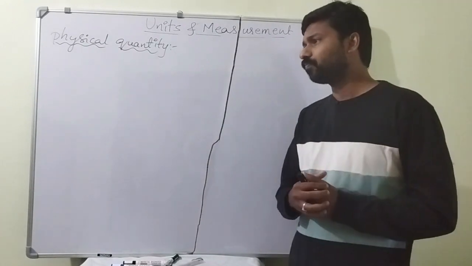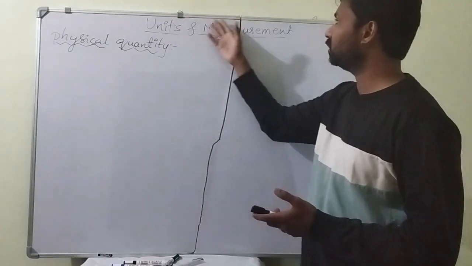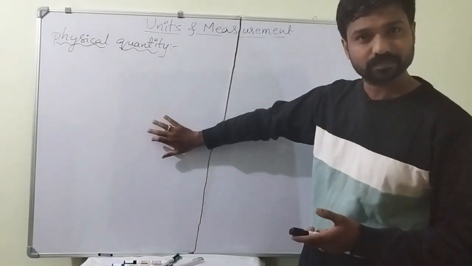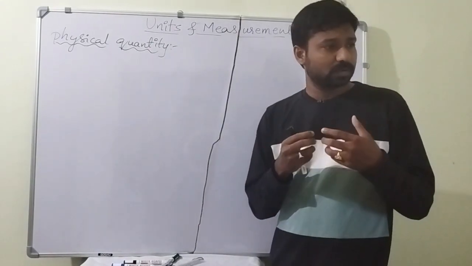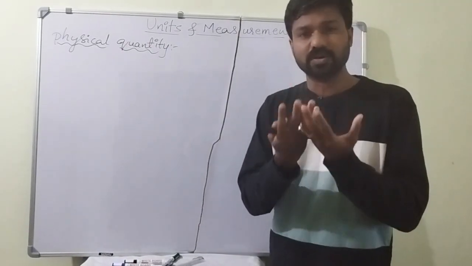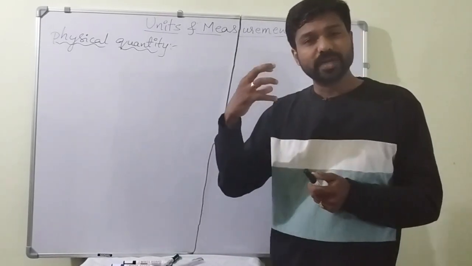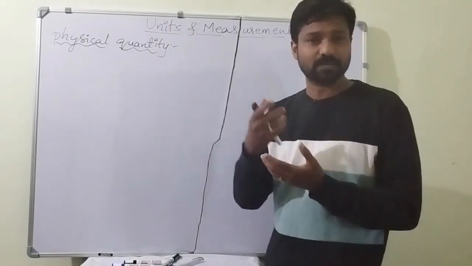For example, you are able to measure the length of this board, or the breadth or area of this board. At the same time, you are able to measure how much intensity of sound is being produced, the focal length of a lens, or how much current is flowing through a wire.